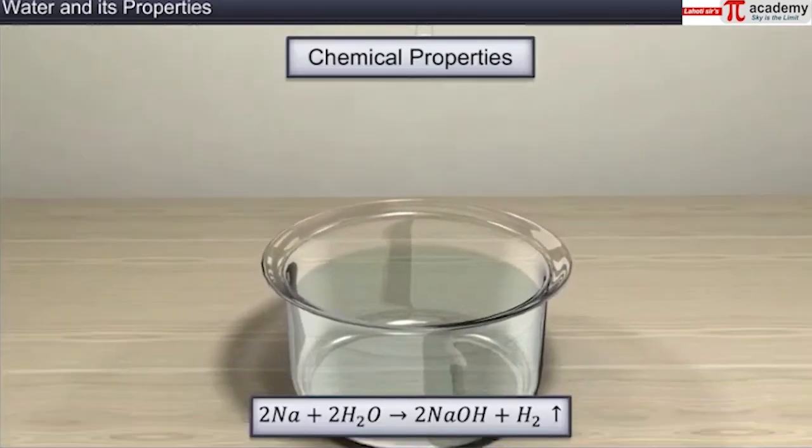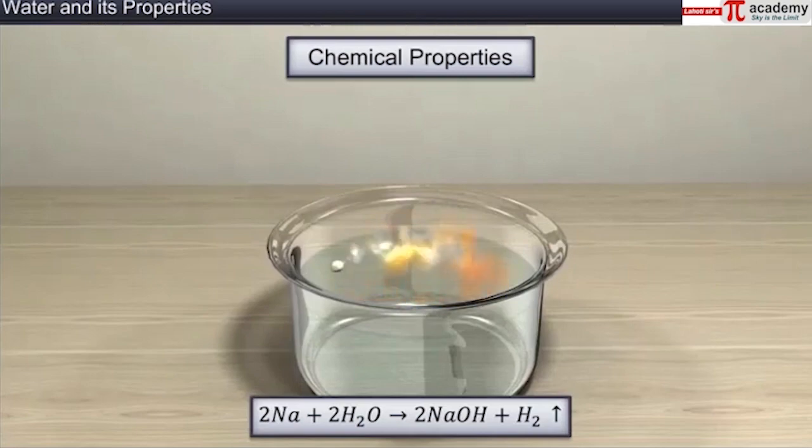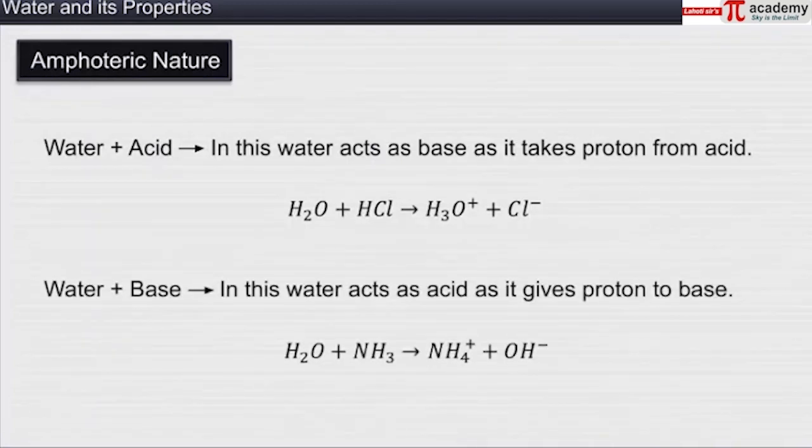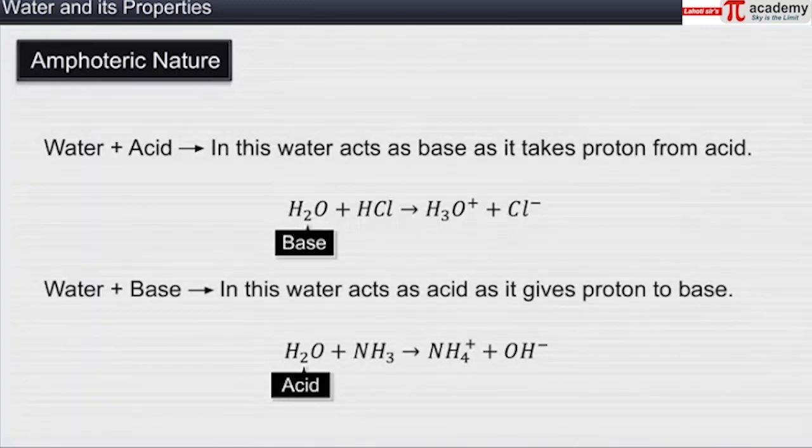Chemically, water reacts with large number of substances. Let us look at some of these reactions. Amphoteric nature. Water is amphoteric in nature, which means that it can act as an acid as well as a base. According to the Lowry-Bronsted concept, water can act as an acid by losing a proton and as a base by accepting a proton.